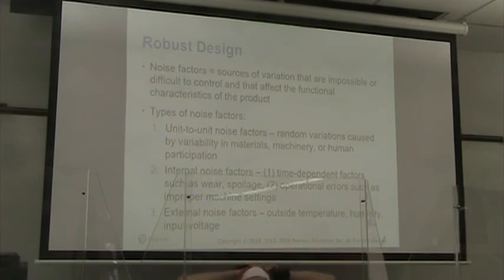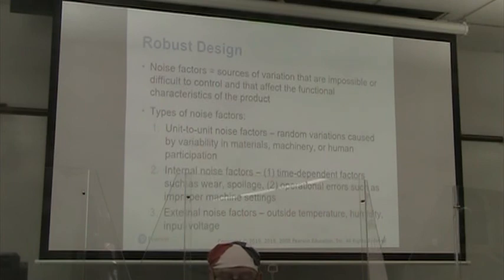So, the types of noise factors, we might have unit-to-unit noise factors. Those are random variations caused by variability in materials, machinery, or human participation. We have internal noise factors that can be, one, time-dependent factors such as wear or spoilage.